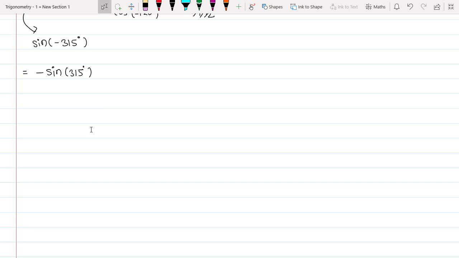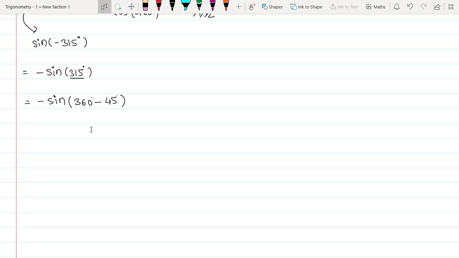Is it okay? Okay. Now is 315 a standard angle? No, it is not. So what do we do? We convert it into a standard angle, a summation angle. So minus of sine of 315, which can be written as 360 minus 45.